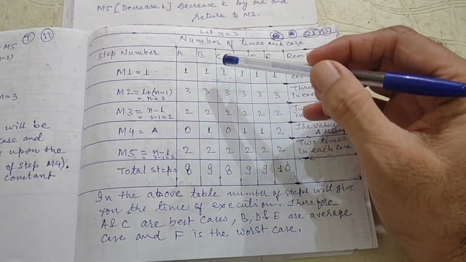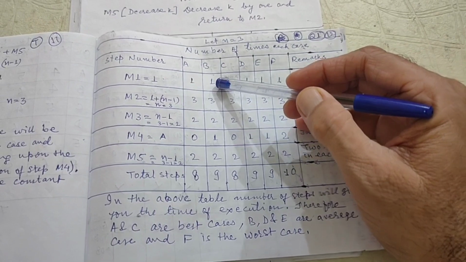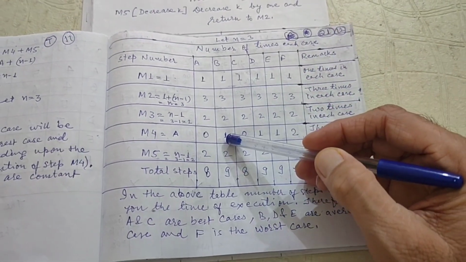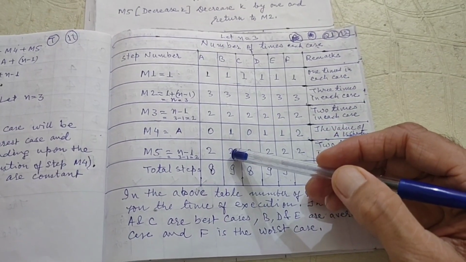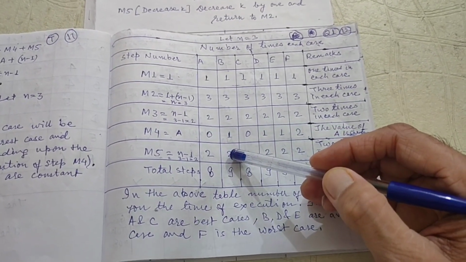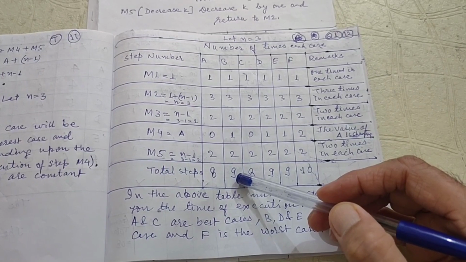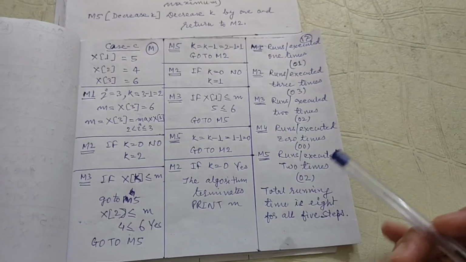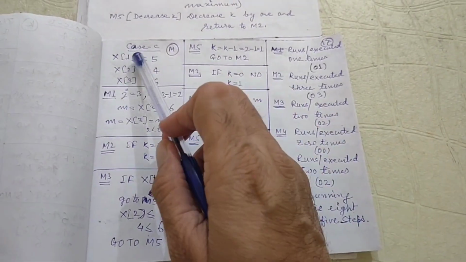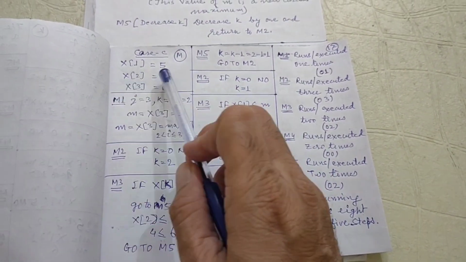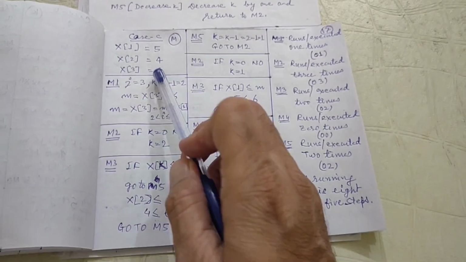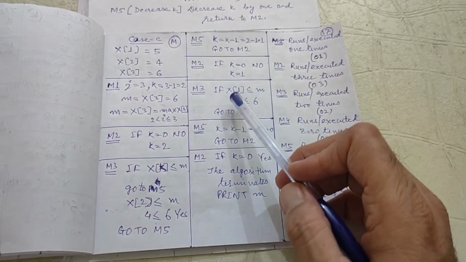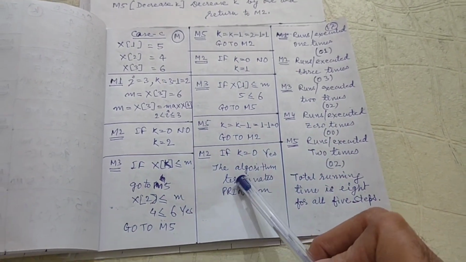So case B: M1 1 time, M2 3 times, M3 2 times, M4 1 time, M5 2 times, and total 9. Same way case C: x1 is 5, x2 is 4, x3 is 6. M1, M2, M3, M5, M2, M3, M5, M2.